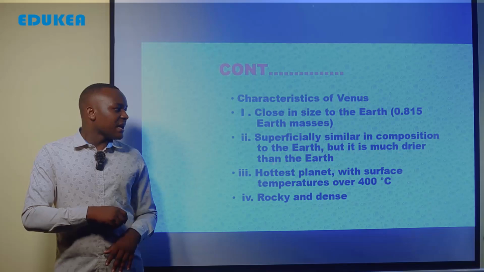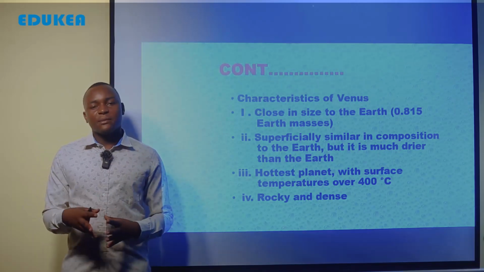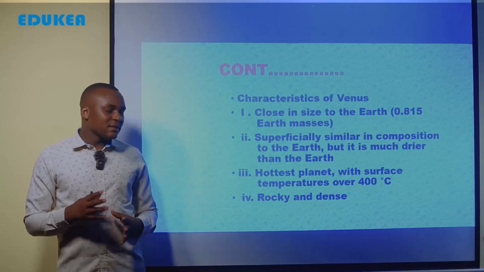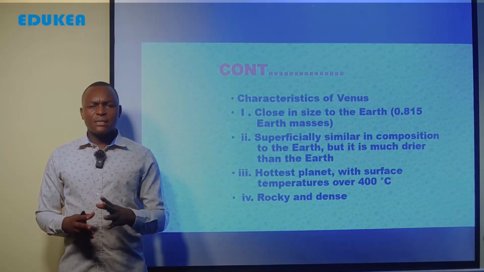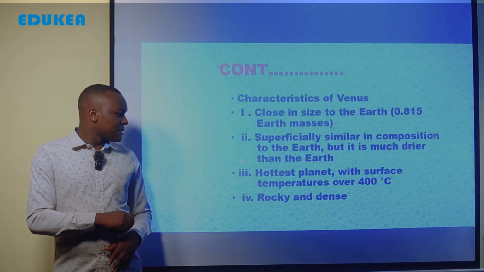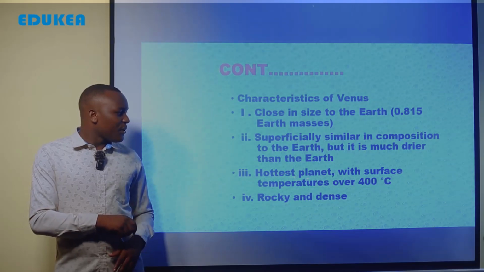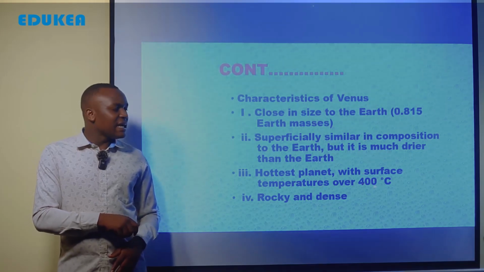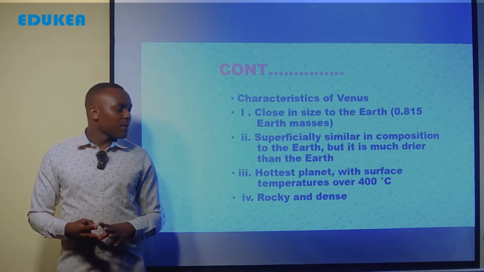Ina ukame sana kuliko dunia. It is much drier than the Earth. That is the second property. Now let's look at the third property. We say it is the hottest planet with surface temperature over 400 degrees Celsius.